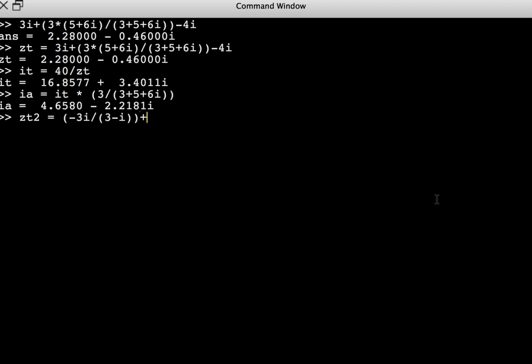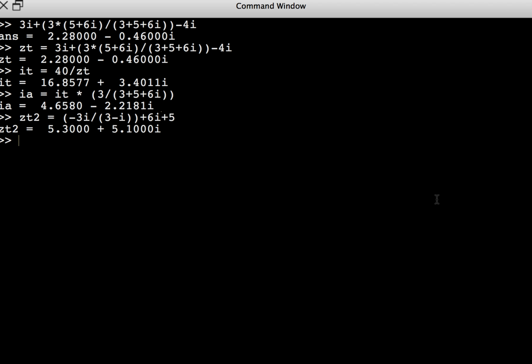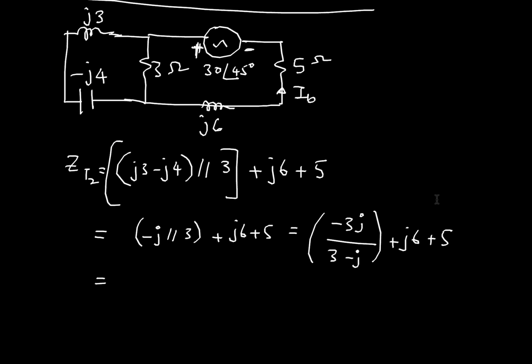Then I have plus 6J and then finally plus 5. So this is my total impedance. Now that is 5.3 plus J 5.1. So this is my total impedance as seen by the second source.